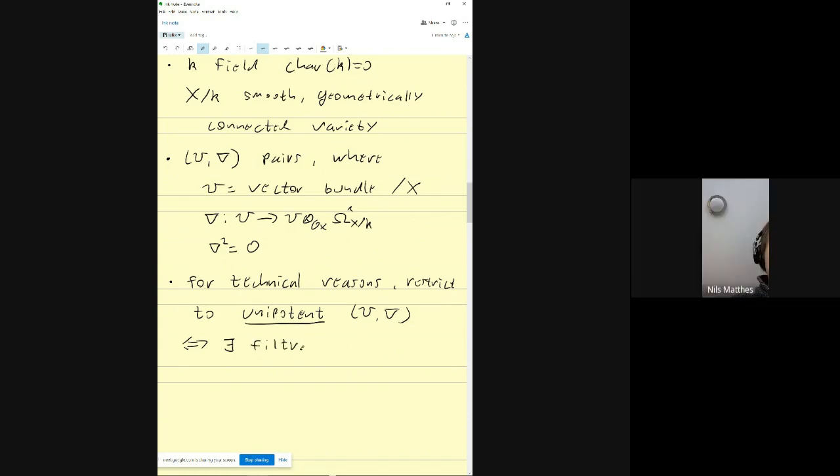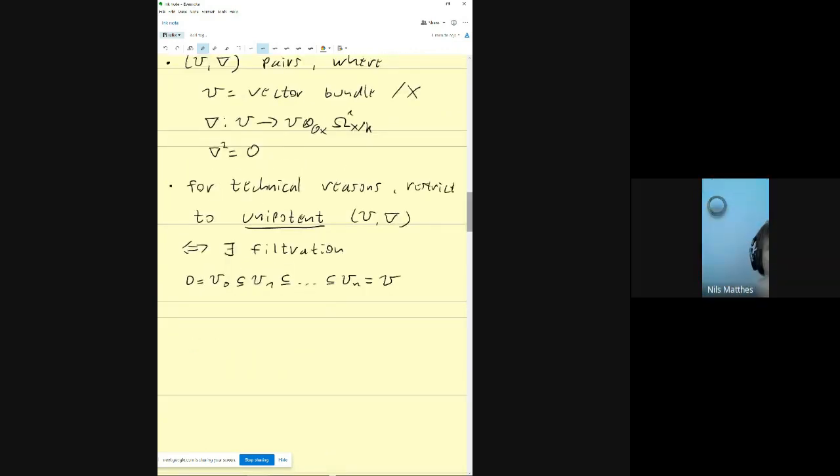And the formal definition is that there exists a filtration by subbundles, which are stabilized by the connection, and you want the successive quotients to be isomorphic to a trivial bundle of rank R_i, for some integers R_i.